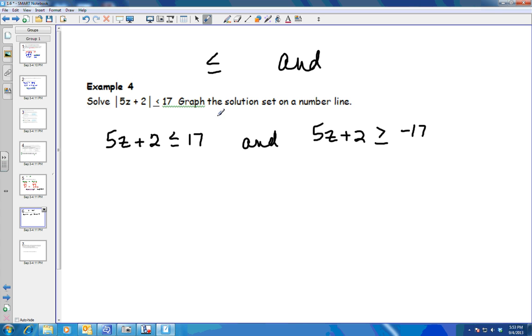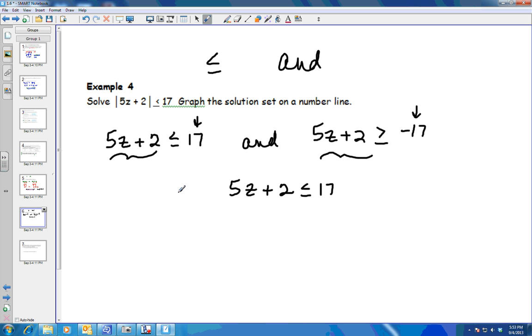So I'm going to write this as a compound inequality. And here's what you do. What they have in common will go in the middle: 5z plus 2. Now if you write it correctly, your larger number, so 17 or negative 17, your larger number should go on the right-hand side. See how this matches up with this?